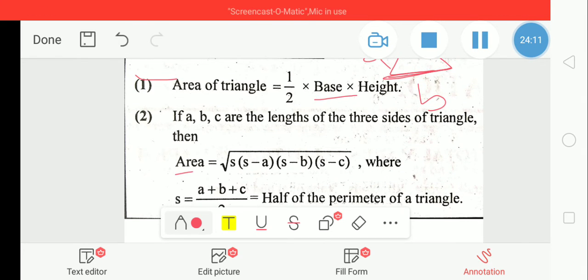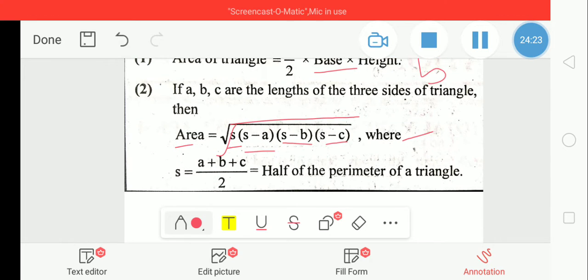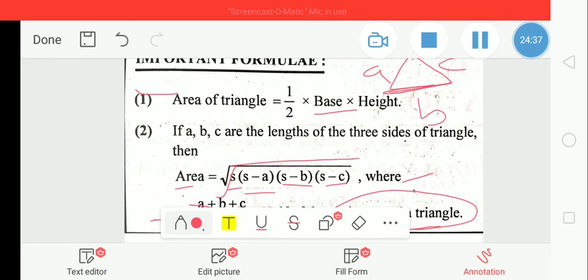Then the area is equal to under root S multiplied by S minus a, S minus b, S minus c, where S is a plus b plus c divided by 2, meaning half of the perimeter of the triangle. The perimeter of a triangle means the sum of all sides.